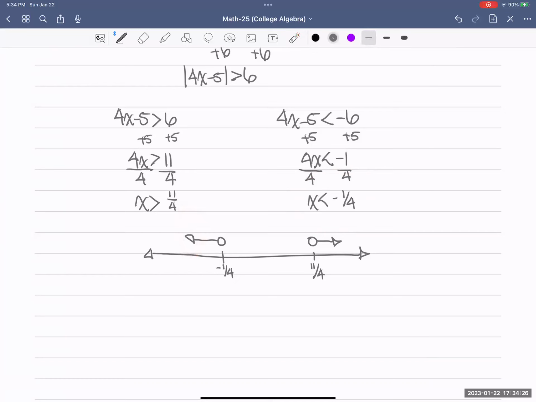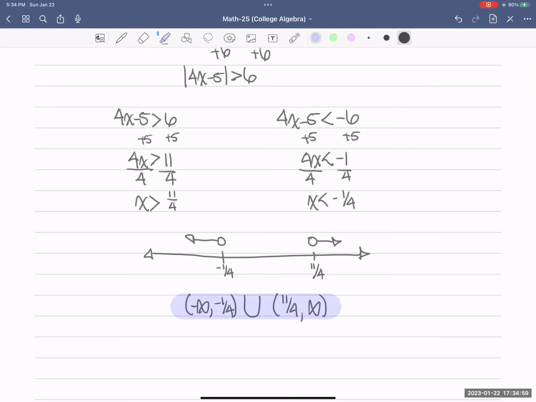So our leftmost part is going to be negative infinity up to negative 1 over 4, open circle, so parentheses, then union. The next part of our solution set is going to be 11 over 4 with a parenthesis, comma, infinity. Infinities always have parentheses. That's our solution set.